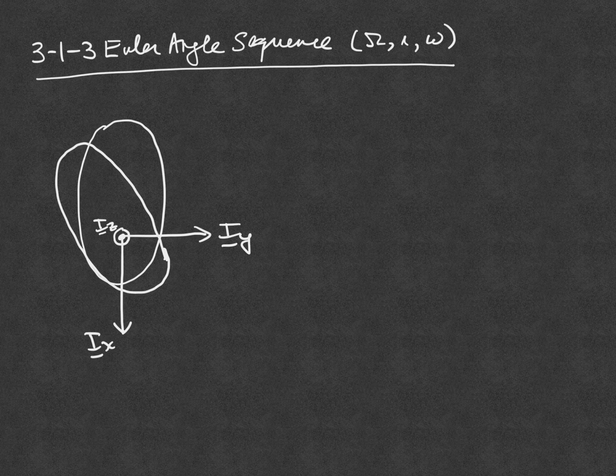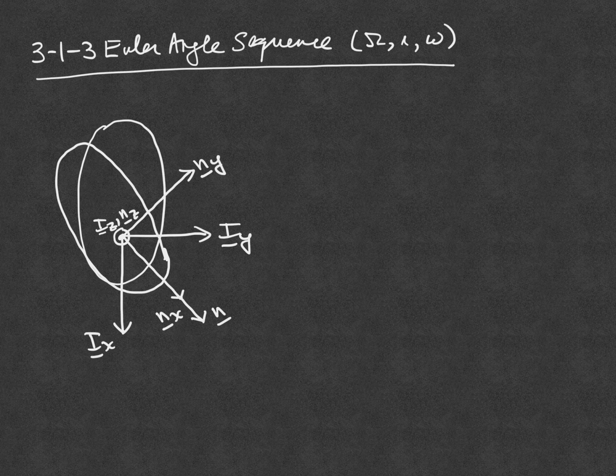Now, when I'm done with that, this direction, if I draw the full direction, that direction is actually N. And I'm going to call the unit vector along that direction Nx. Nz is the same as Iz because I'm rotating about the z-axis, which makes this direction Ny. So that's the first rotation.